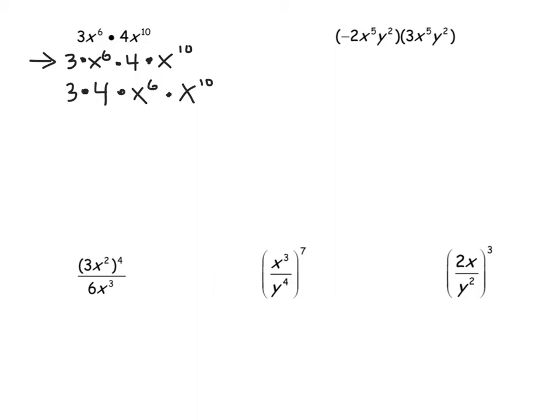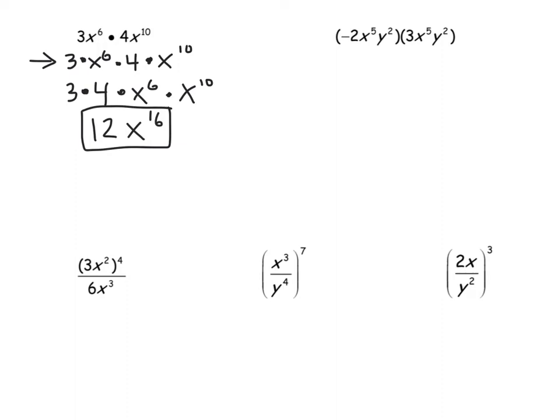So in the front we have 3 times 4, which is 12. Now here we have that base of x and the base of x. If we have the same base and they're being multiplied, that is the product rule. So we leave our base of x and then we add the exponents. So 6 plus 10 is 16. So 12 times x to the 16th.